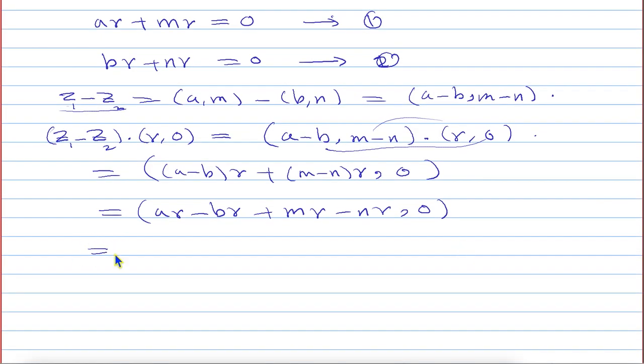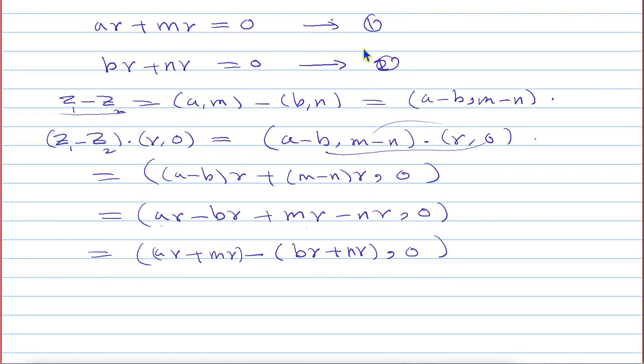So rearranging, we obtain (AR plus MR) minus (BR plus NR), and 0. Now from 1 here, we have AR plus MR equals 0, so this is 0.